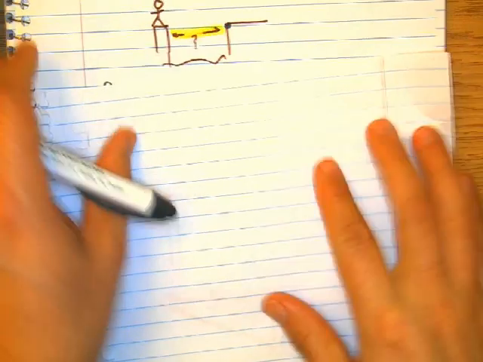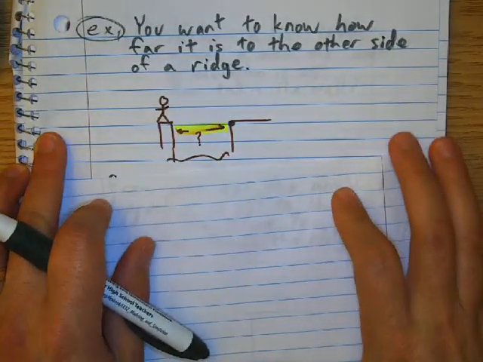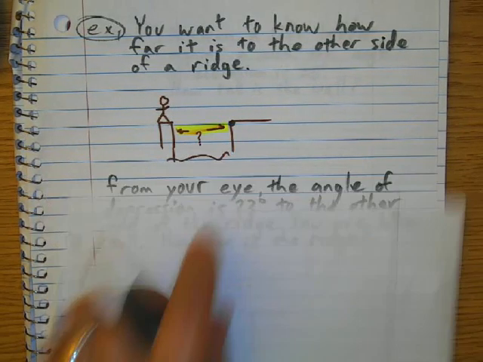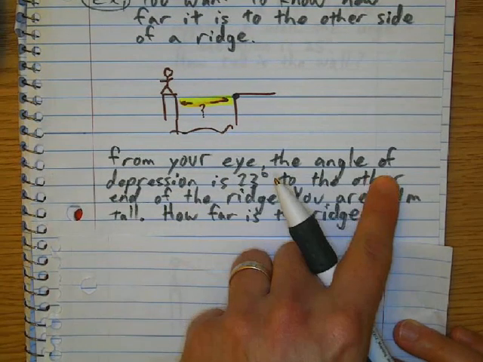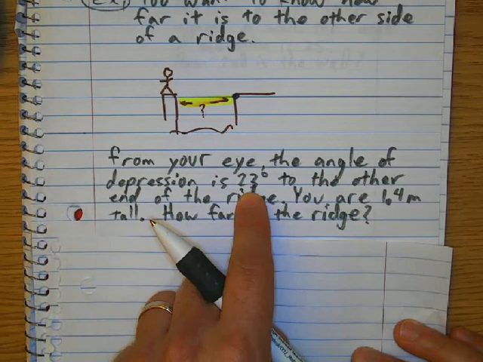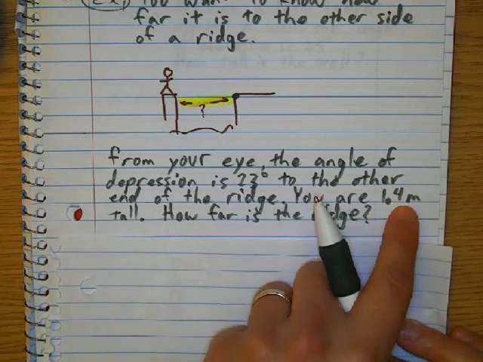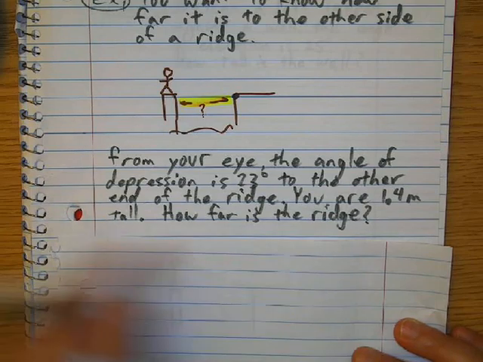Okay, so you're standing on the edge of a ridge and you want to know how far it is to the other side. From your eye, the angle of depression is 23 degrees to the other edge of the ridge. You are 1.4 meters tall. How far is the ridge?